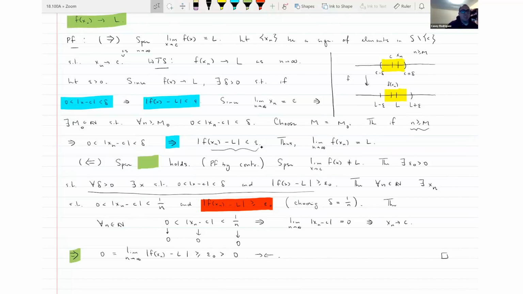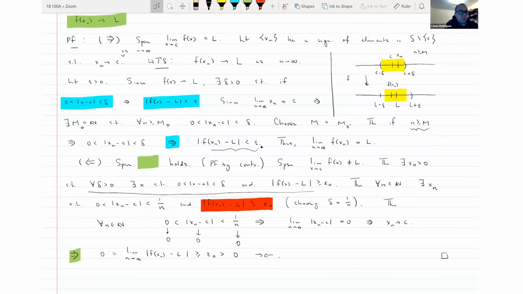So I'm just sticking with that style of saying choose M to be this. Otherwise, I could have said there exists a capital M so that for all n bigger than or equal to capital M, x sub n minus c is less than delta, and then move to the next part.